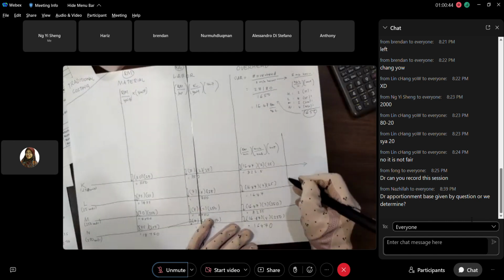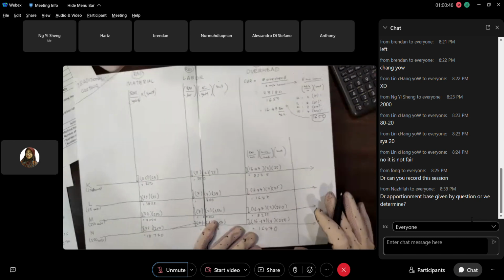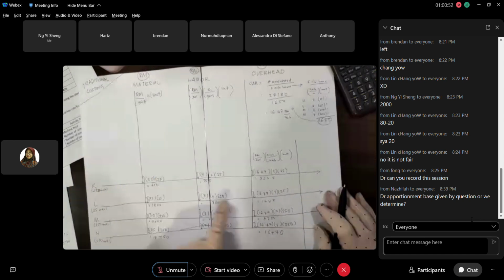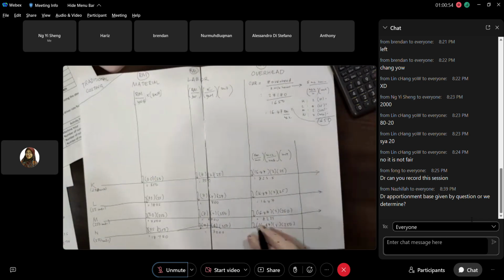Okay, now I want to ask you, after we calculate all the things here for each product, what should be done for the last part?